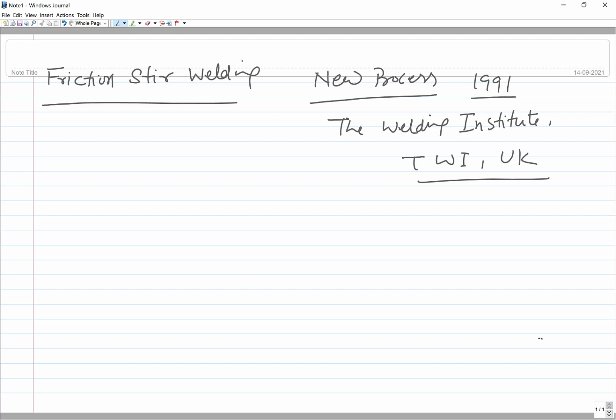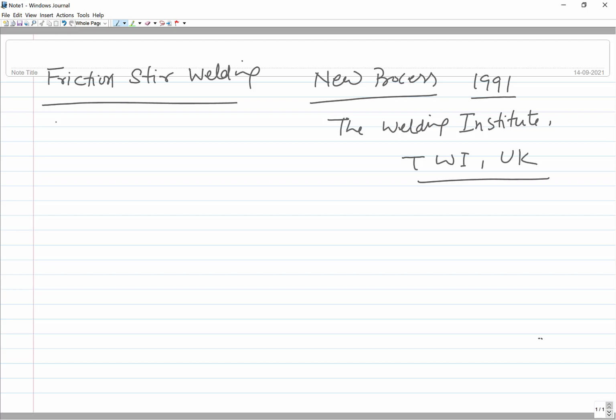Okay, so a lot of research interest was there in this friction stir welding process because of its capabilities, like the ability to join metals in different configurations, the ability to join different types of metals, like dissimilar metal joining, as well as quite good welding speed and ease of joining.